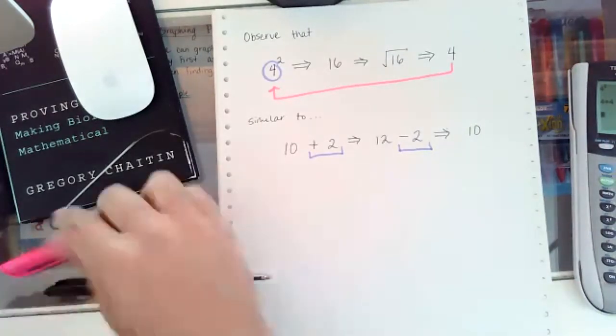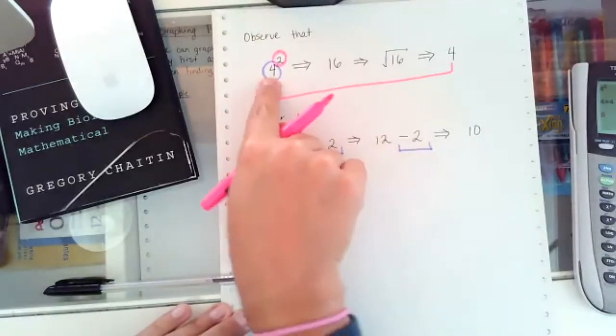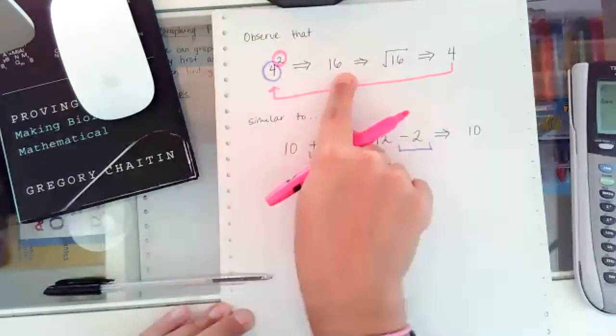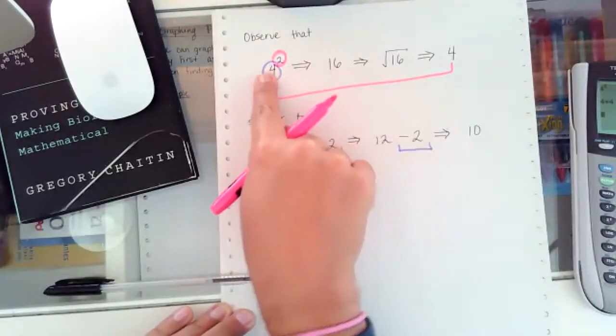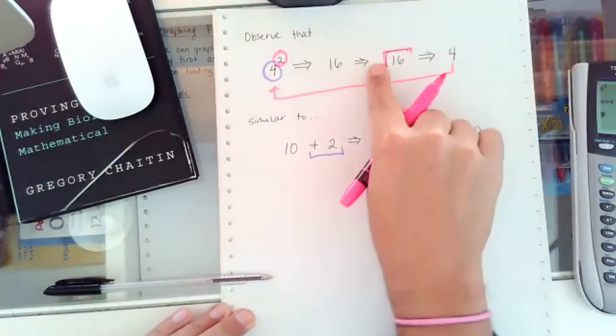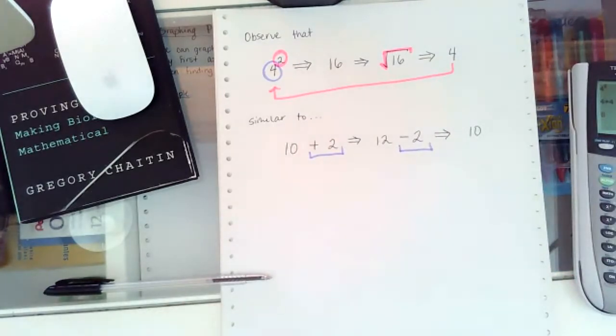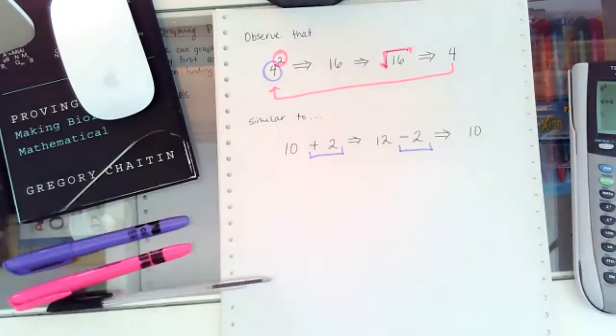So raising something to the second power makes this number bigger by multiplying by itself, and then using the square root takes you back and makes it smaller. And it takes you back to the original number.